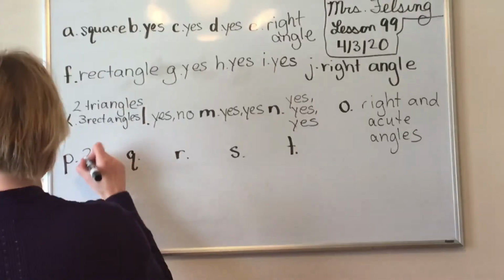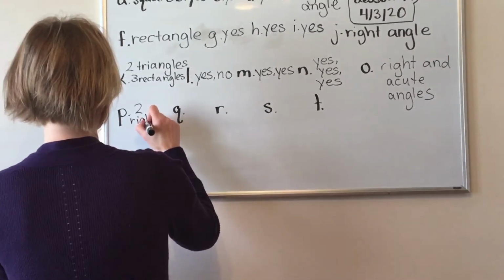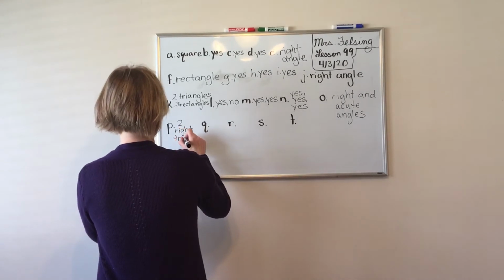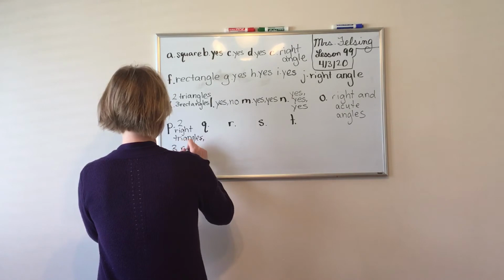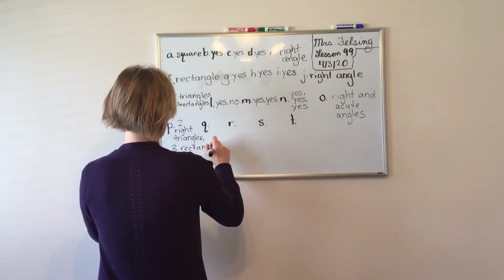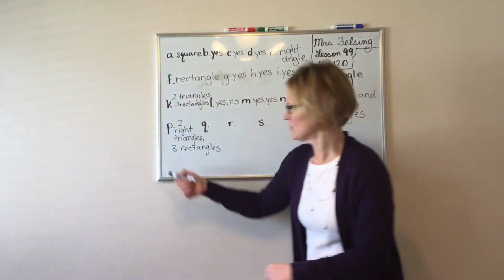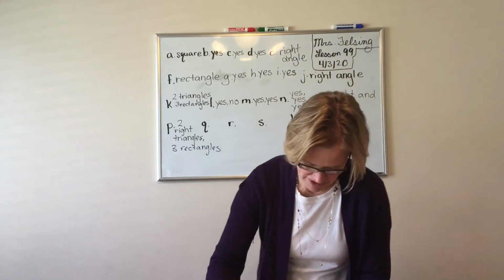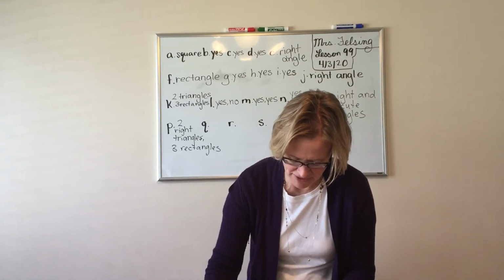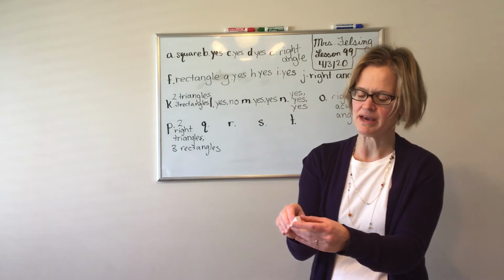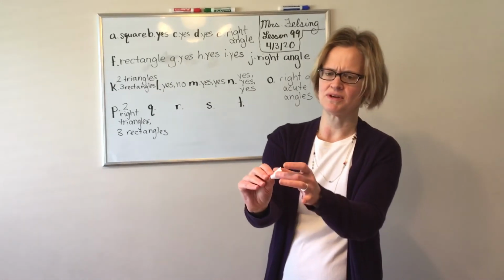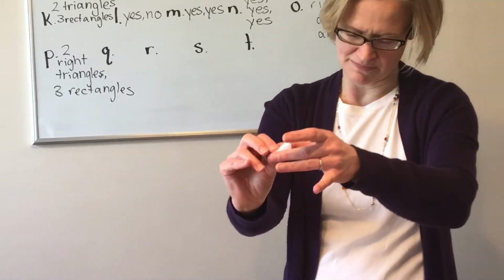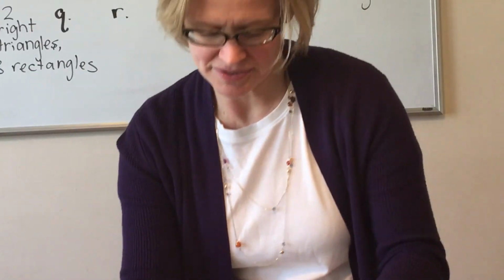So I'm going to put down 2 right triangles and then 3 rectangles. There we go. All right. Which faces are parallel? Again, it looks like all these rectangles are kind of running into each other, but the ones that are parallel are going to be the triangles.